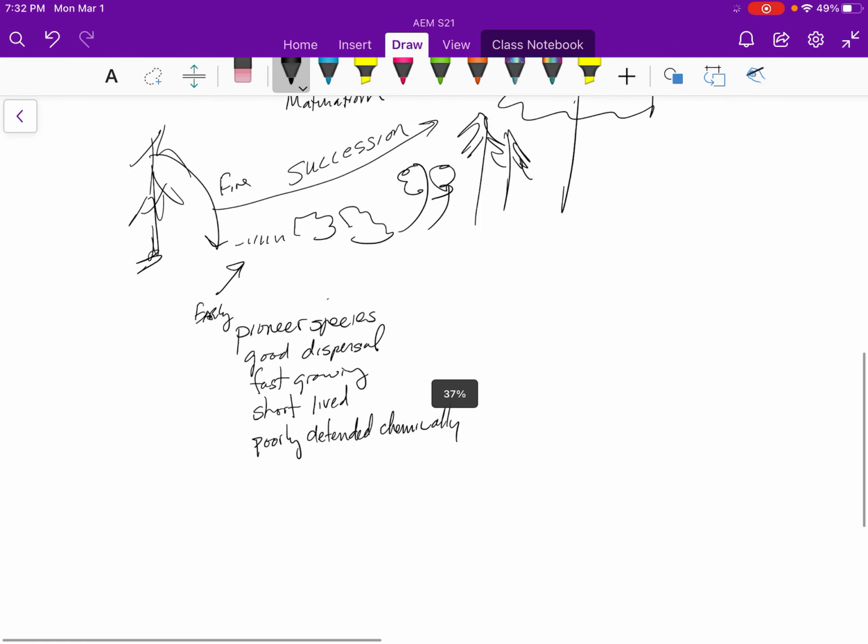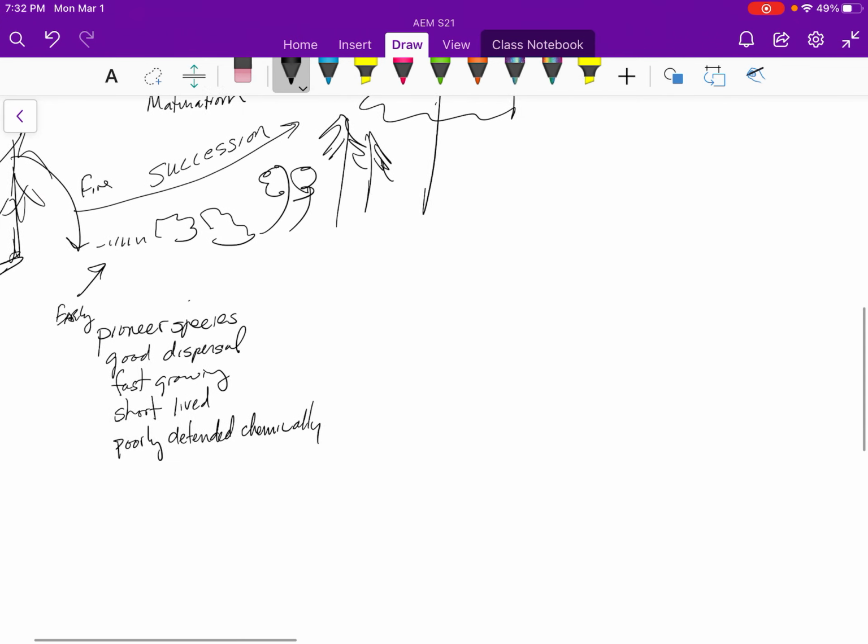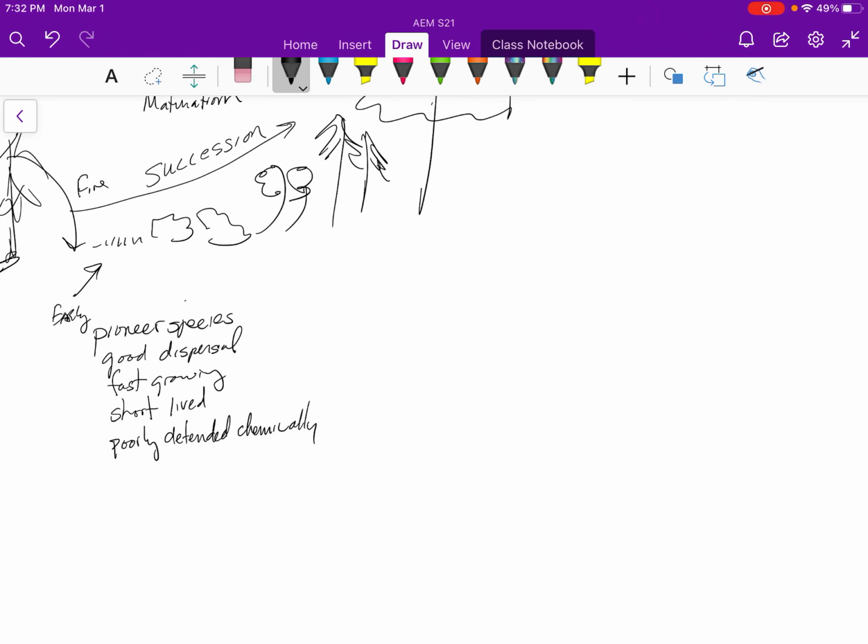Their approach to solving the problem of reproduction is to get to reproductive age quickly before they get eaten or otherwise broken down. The other group of species we would call climax species, which tend to have larger seeds, and I'm contrasting that a little bit to the good dispersal. So at least they do have larger seeds.